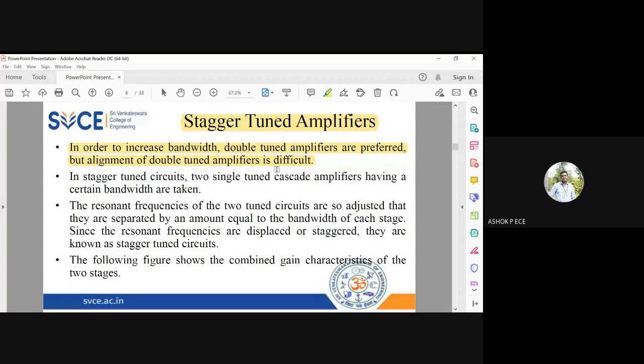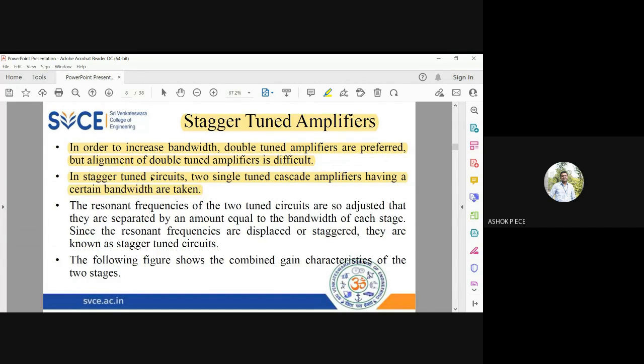Other things, capacitors and the transistor, we can make as a very small microchip, but the transformer alone cannot be simplified. That makes the usage of double tuned amplifiers even more difficult and inconvenient. So if you want to increase the bandwidth without the circuit causing any problem, I can go for a stagger tuned amplifier.